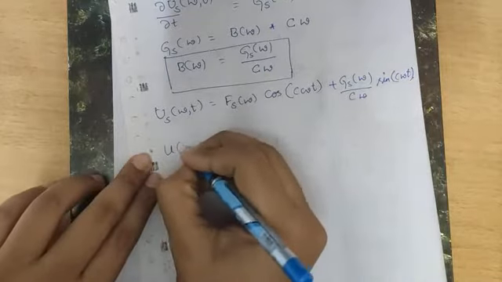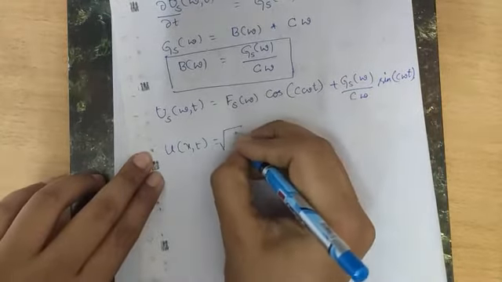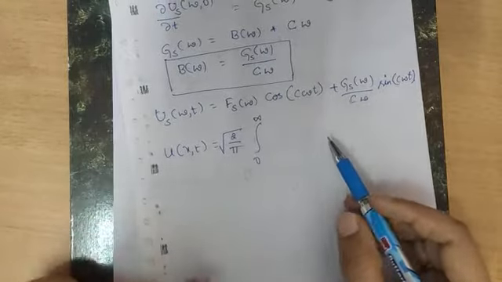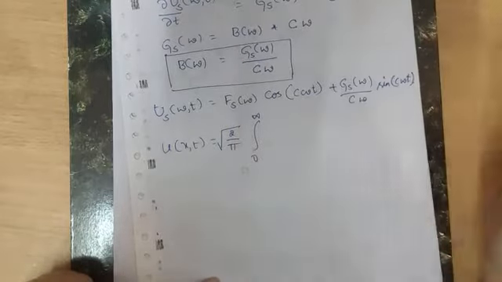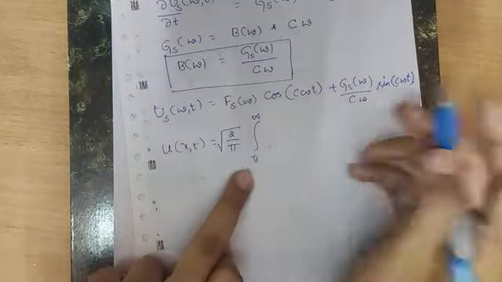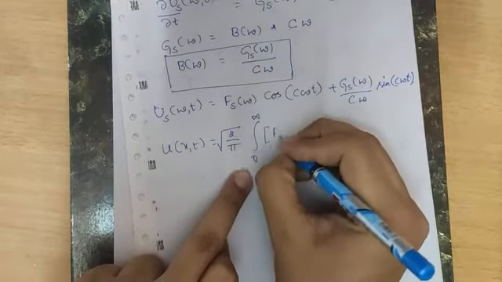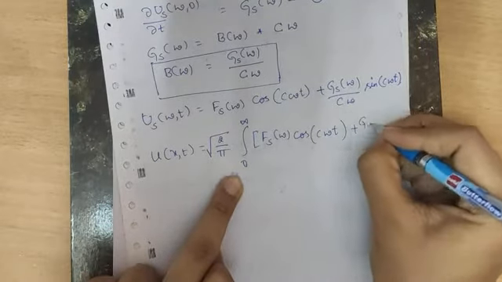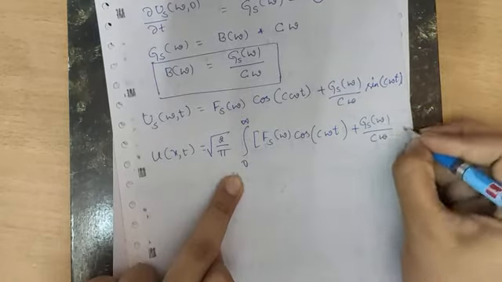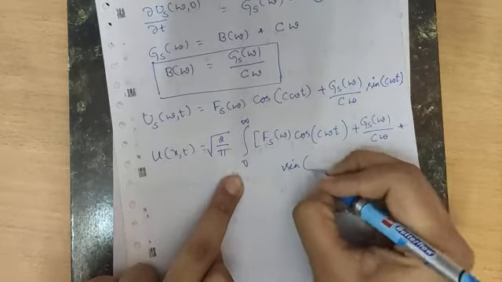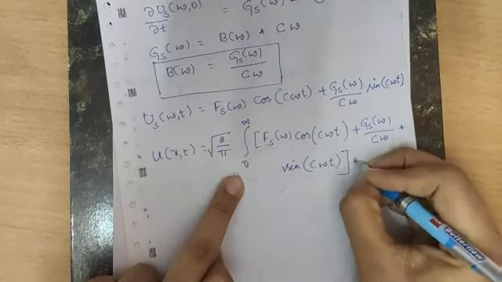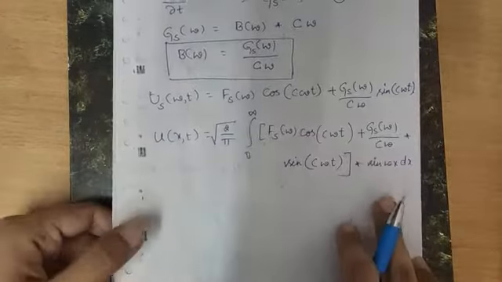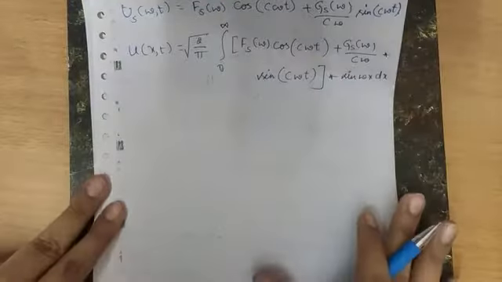So it will become u(x, t) is equal to root 2 by pi, integral from 0 to infinity, since your domain is considered from 0 to infinity, of Fs(ω) cos(cωt) plus Gs(ω) by cω sin(cωt), into sin(ωx) dω. Even this formula I have given in the beginning of the class itself.